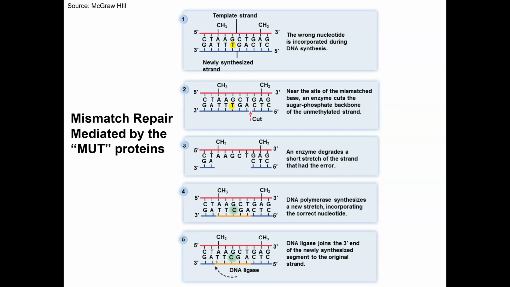Remember, ligase sealed up the Okazaki fragments, each of those lagging strand pieces. Here it does the same thing. It seals up this newly corrected DNA strand. So that's it. These proteins find the mistake, cut out the region surrounding the mistake, fill it in with the right DNA, and seal it up.